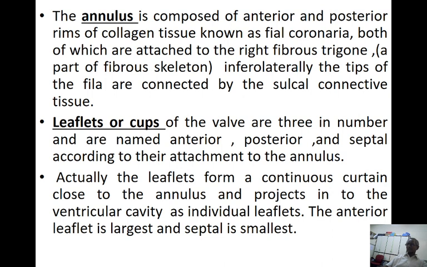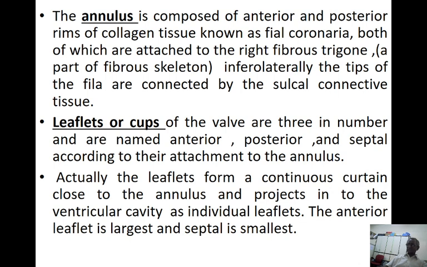Leaflets or cusps of the valve are three in number and are named anterior, posterior, and septal according to their attachment to the annulus. Actually, leaflets form a continuous curtain close to the annulus and project into the ventricular cavity as individual leaflets.